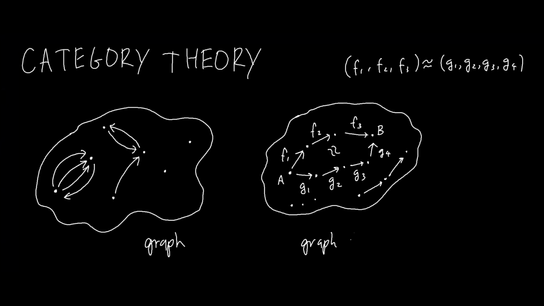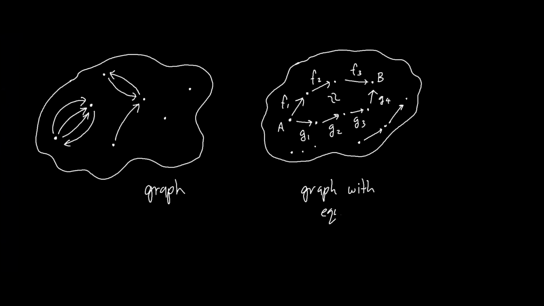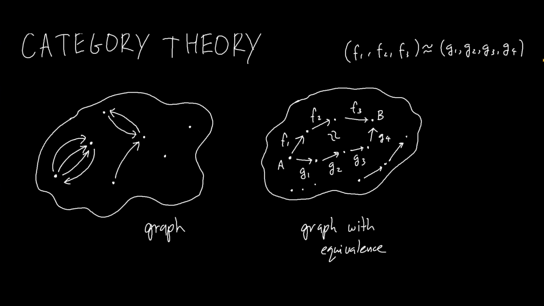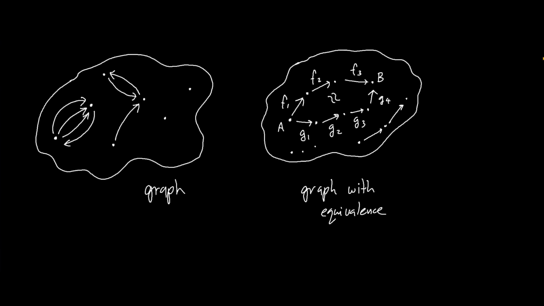So we can temporarily refer to this as a graph with equivalence. And after that, we want to put conditions that the equivalence should satisfy. There are certain axioms that we identified. Let me remind you what these are.